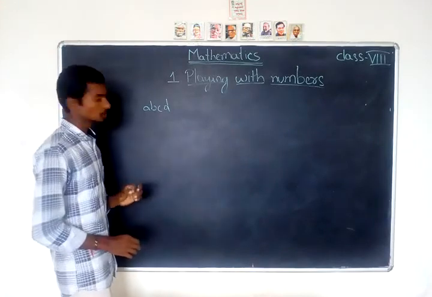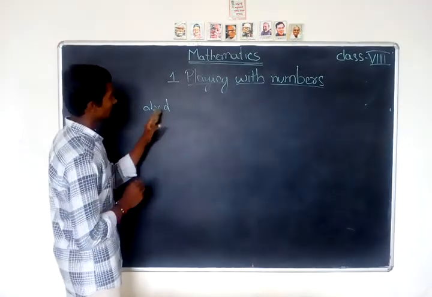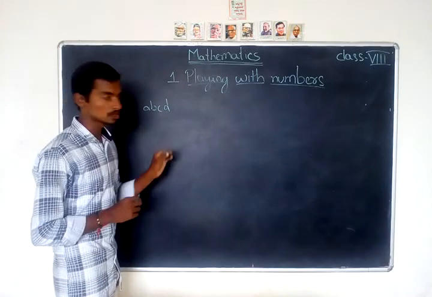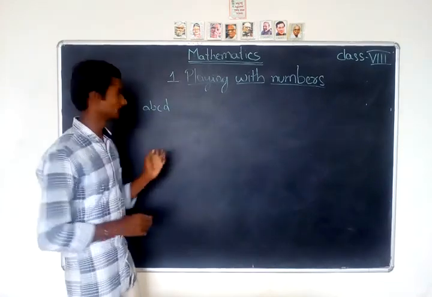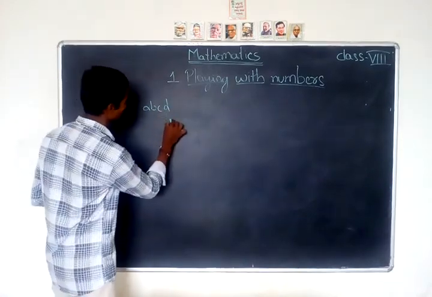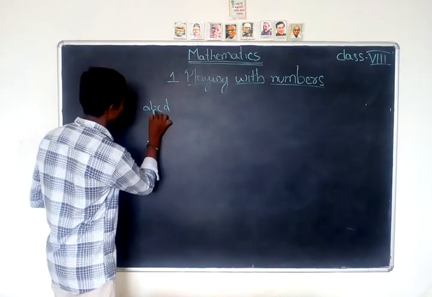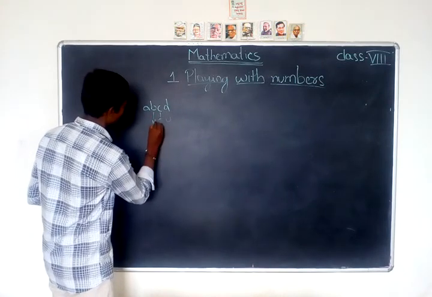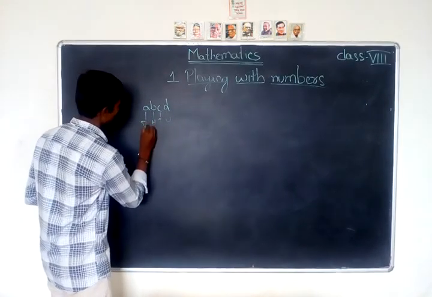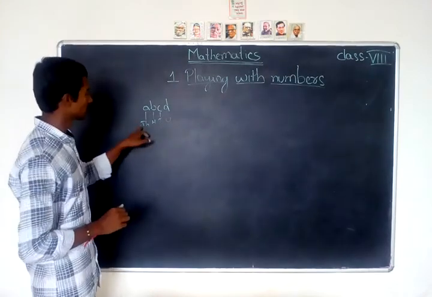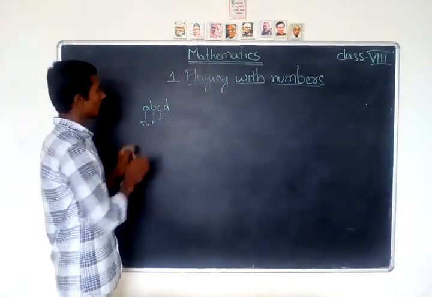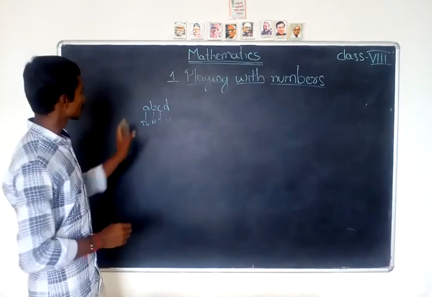For that, what we should do? We should find the place value of each digit, then we will write its general form. This is units place, this is tens place, this is hundreds place, and this is thousands place. So the highest value is 1000.